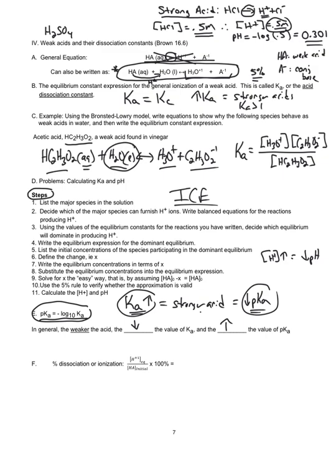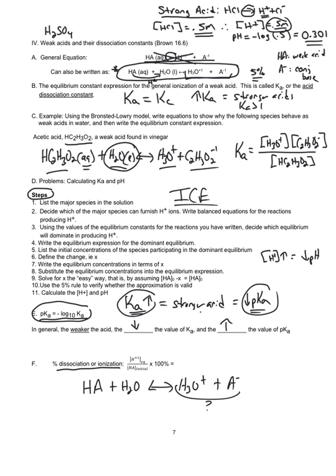Okay? One last thing is the percent dissociation or ionization. This is looking at what degree of the acid dissociates, producing the hydronium ion and the conjugate base. How much of this has dissociated?